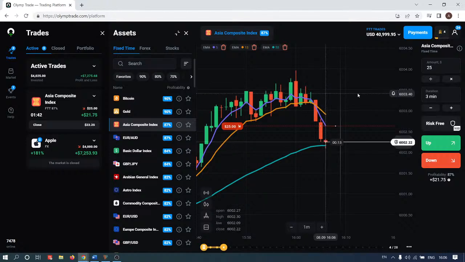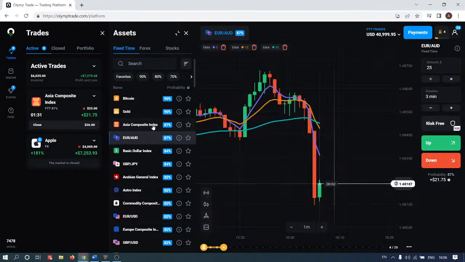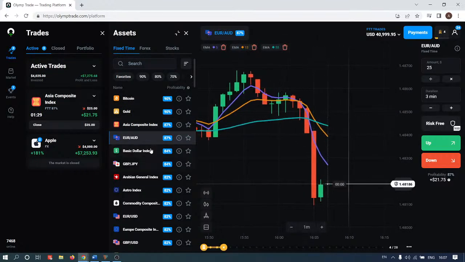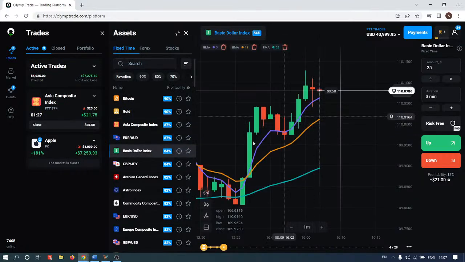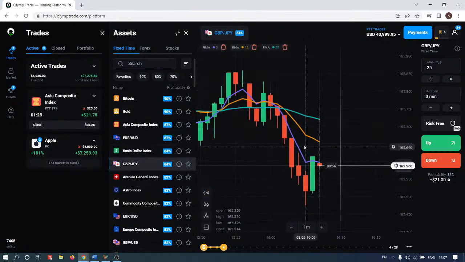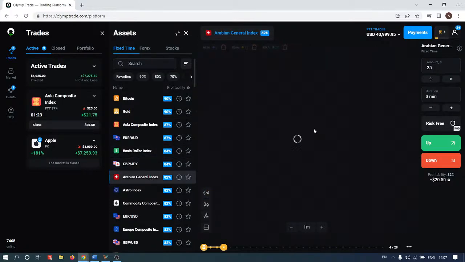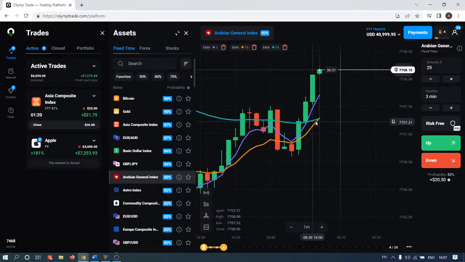Of course, you can make it a little bit longer or shorter. That is customizable. Everyone has their own preferences, but I usually go with 3-minute trades. This is my default duration.